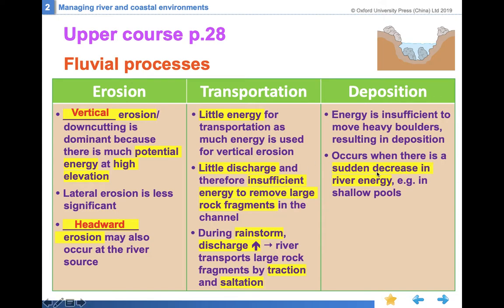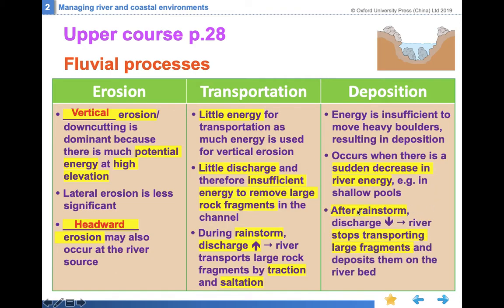And if there is a sudden decrease of the river energy, for instance in some shallow pools, or after the rainstorm, the discharge will decrease. 因為落完雨之後呢，就少咗雨水啦， so the river may stop transporting some large fragments, and deposition happens.